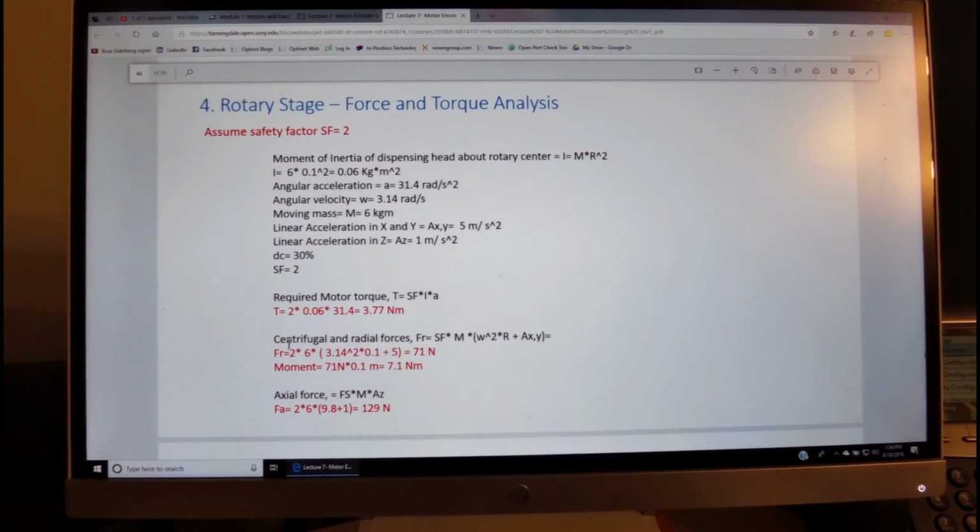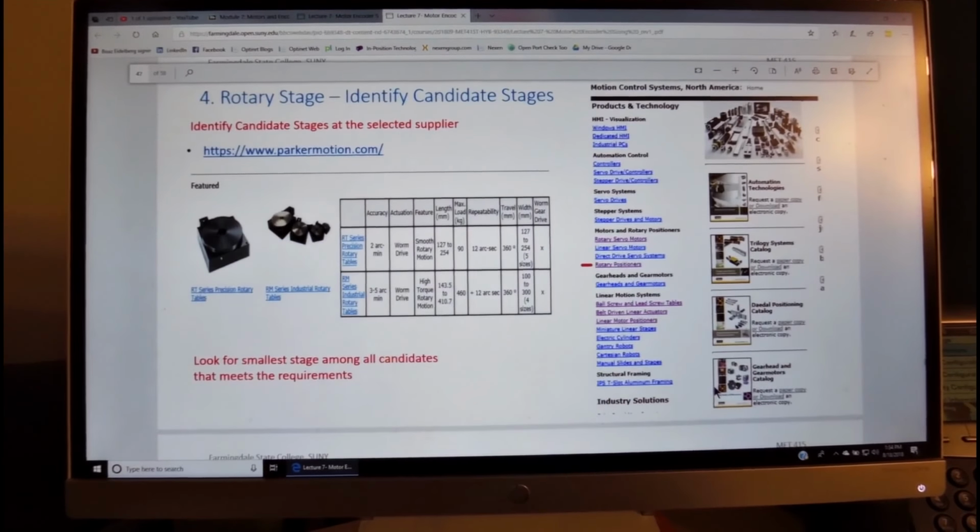And then we also have to consider other effects, such as the centrifugal and radial effects, which will act on a motor, and the manufacturer will give us the capability of the motor to withstand these forces. We have to understand what is the axial force that the motor can take and what is the radial force that the motor can take in order to size them properly.